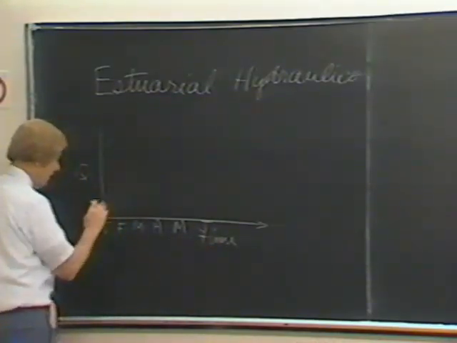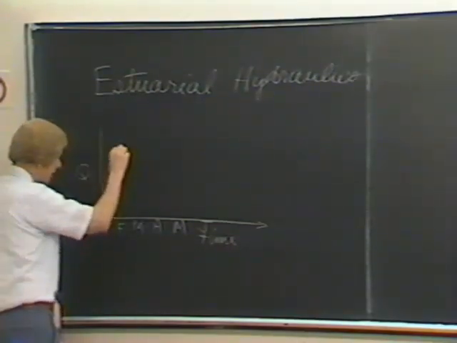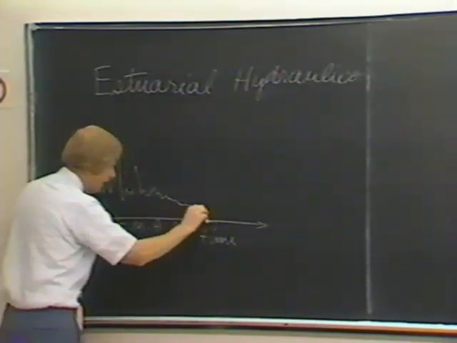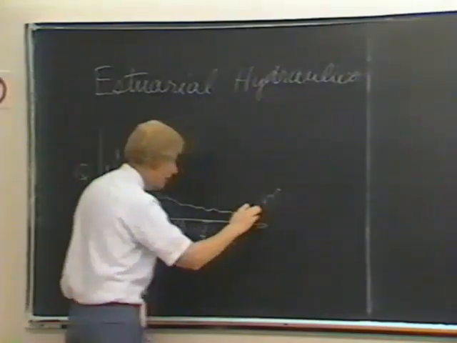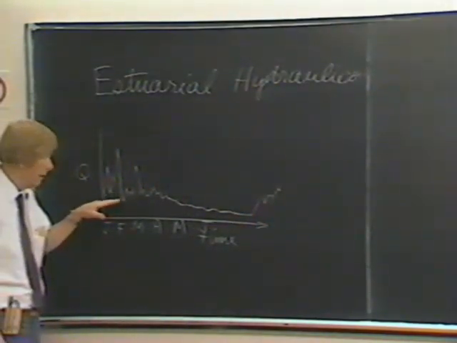We get something that has perhaps a lot of jagged peaks in it, like this. And then later in the year it would trail out, and toward the beginning of the next year it would begin to rise again.